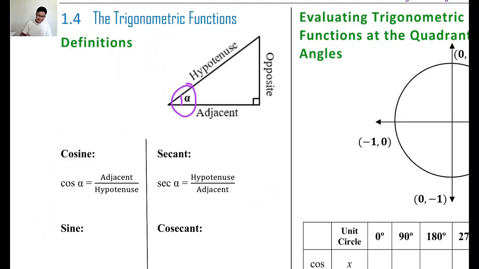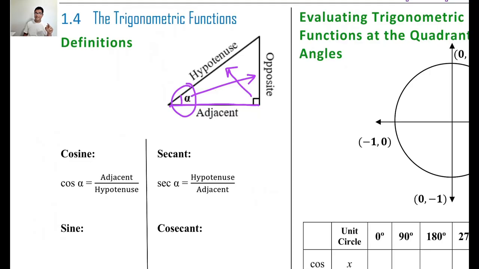In terms of that angle, the side next to it is adjacent, the side opposite to it is the opposite side, and there is only one hypotenuse in a right triangle, which is always opposite to the 90 degree angle.